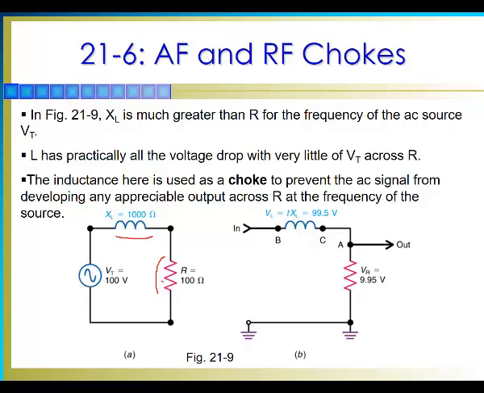So the reactance is much greater than the resistance at the frequency of the AC source voltage. The inductance here is used as a choke to prevent the AC signal from developing any appreciable output across R at the frequency of the source.